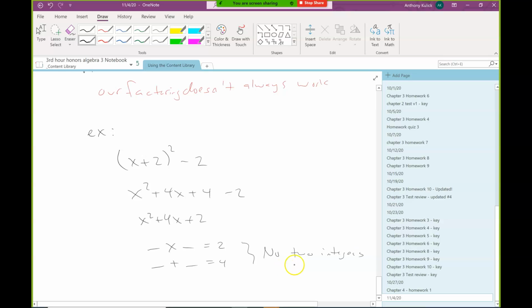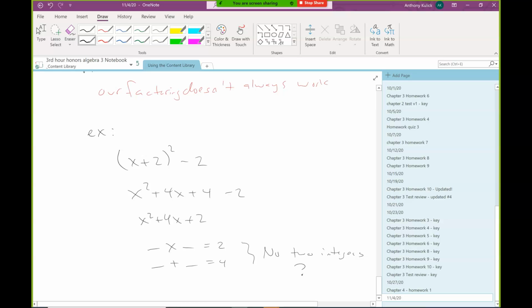Now let me be clear. All quadratics are factorable, depending on what you're factoring over. Right now, we're only worried about situations where we can have integers as our factors, right? What if there's a way to do this without integers?